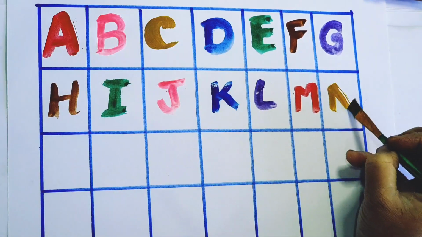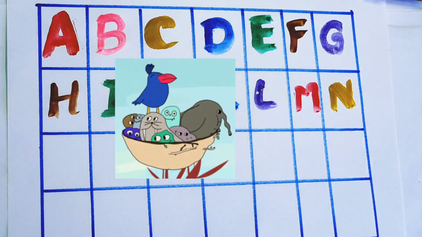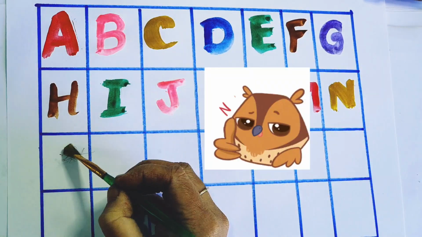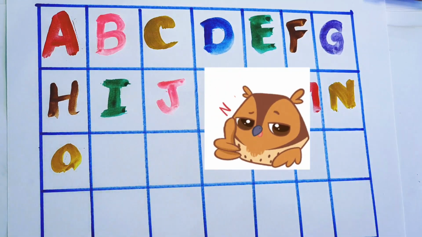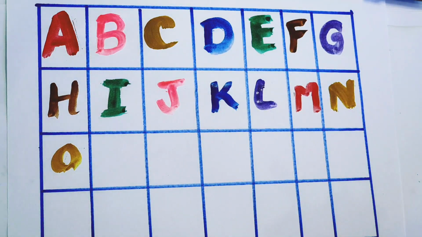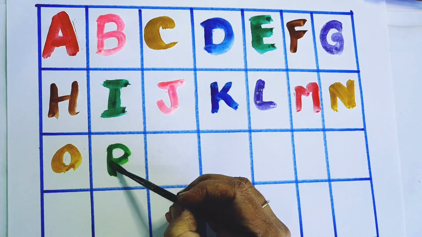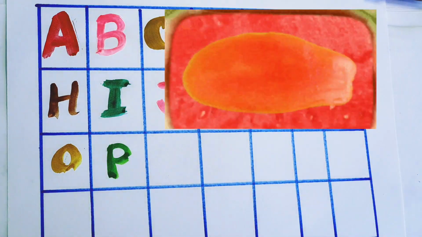Yellow color. N. N for nest. Yellow color. O. O for owl. Light green color. P. P for papaya.